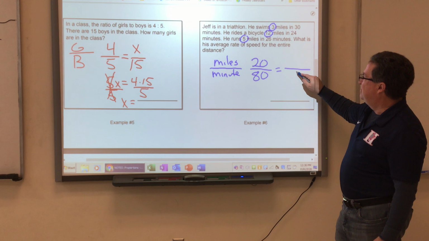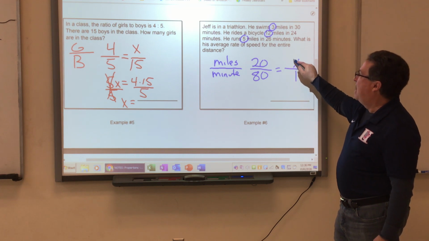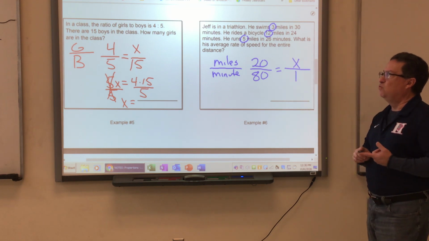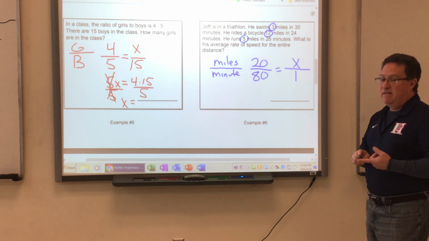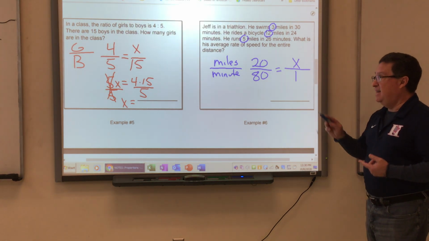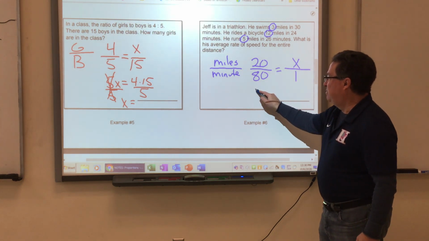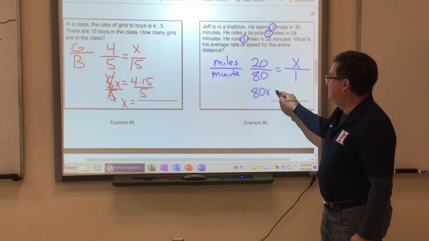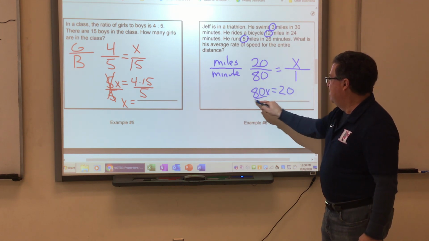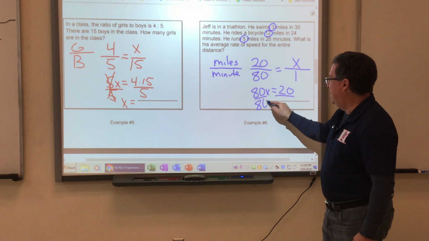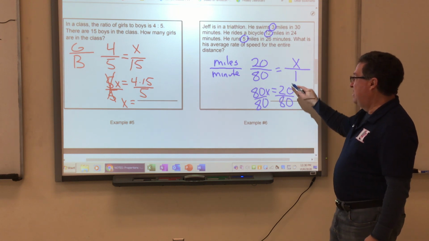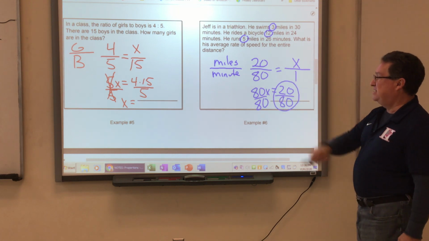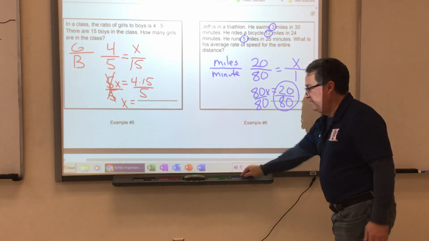In other words, in 1 minute, how many miles? Because I want the rate of speed. That's per minute. Cross multiply and divide. 80x equals 20. Divide both sides by 80. Simplify this, and there's your answer.